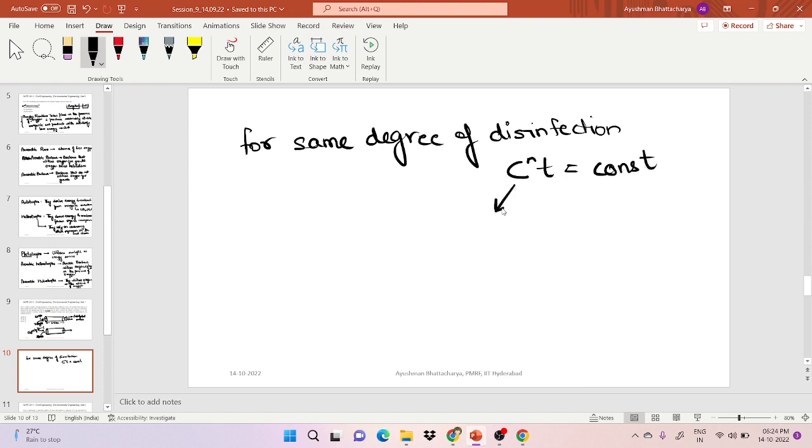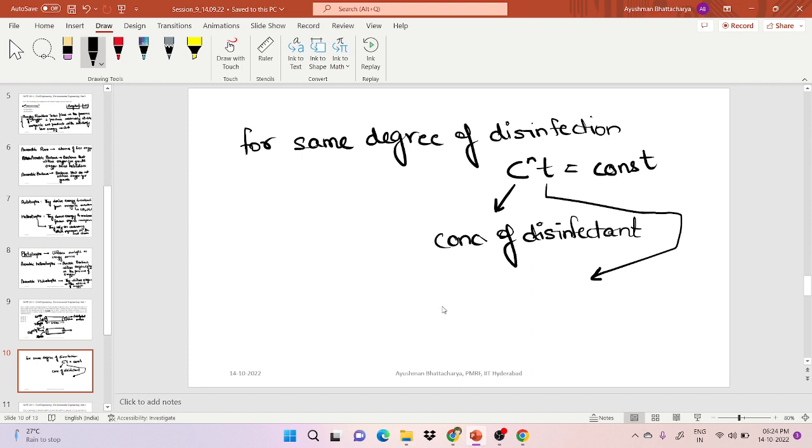Okay, so C here means the concentration of disinfectant, and the T here means the time required to kill microorganisms.